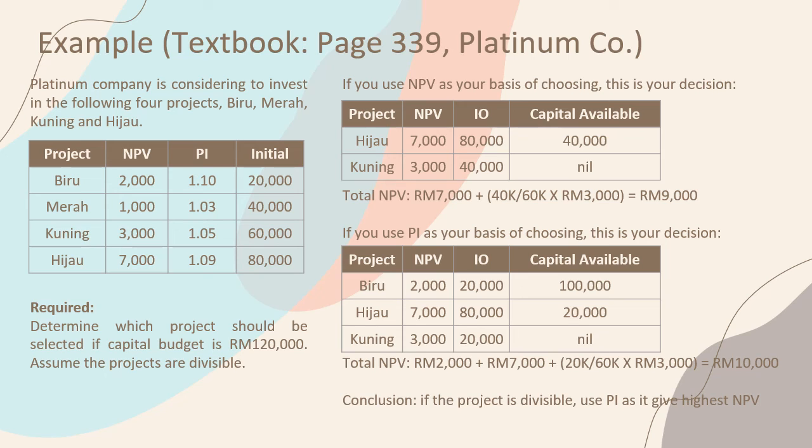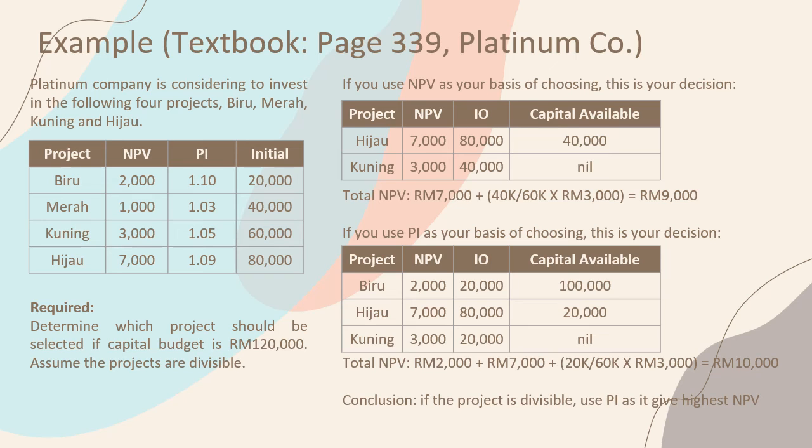fund. However, the project is divisible, meaning that I can take only a portion of the project and leave the rest out, just according to how much I can afford. So here I only take 40,000 of the 60,000 of the project to use up all of my available capital budget.